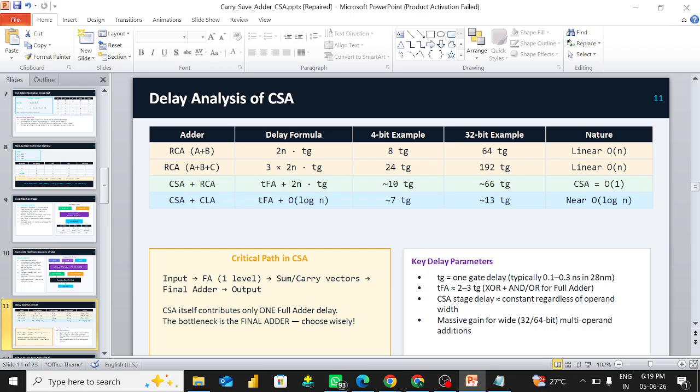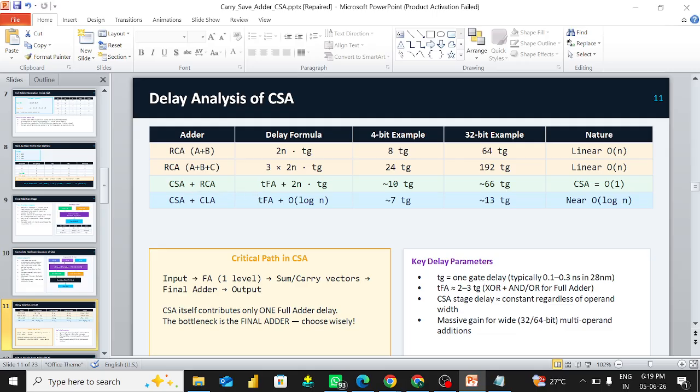Just remember this, take a screenshot of this delay analysis. TG is nothing but one gate delay, which will typically be around 0.1 to 0.3 ns in 28 nanometer technology. So this is the delay in every other adder.